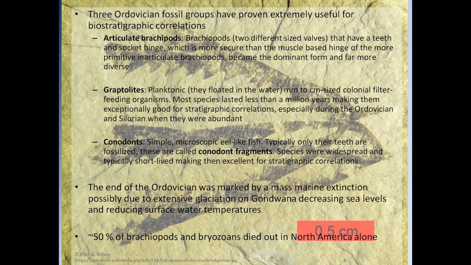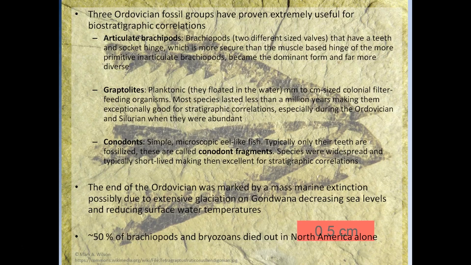Now, the Ordovician is interesting, though, because there are several fossil groups that provide extremely useful biostratigraphic correlations that make their appearance in the Ordovician. So the first group is a group we've already discussed. It's the articulate brachiopods. Remember, the brachiopods are the shelly organisms that have two different sized valves, and they have the teeth and socket hinge region.